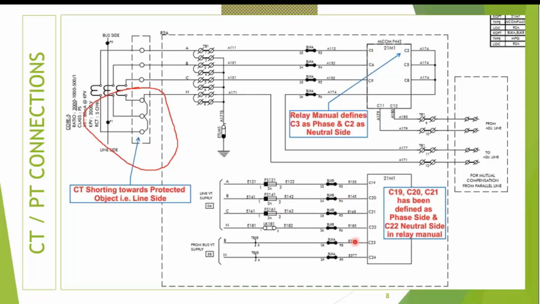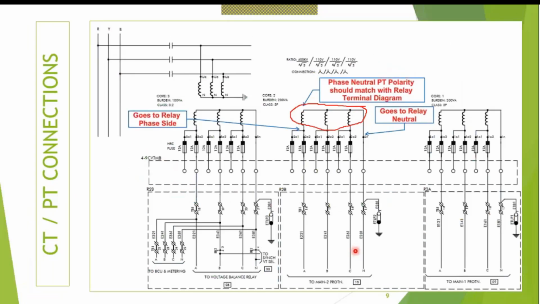Similarly, voltages also have the polarity as shown in the next slide. The neutral side of the PT secondary should go to the neutral of the relay, and the phase sides of the PT secondary, just as shown over here, should go to the phase side of the relay. These connections have to be okay for the distance protection to work correctly.